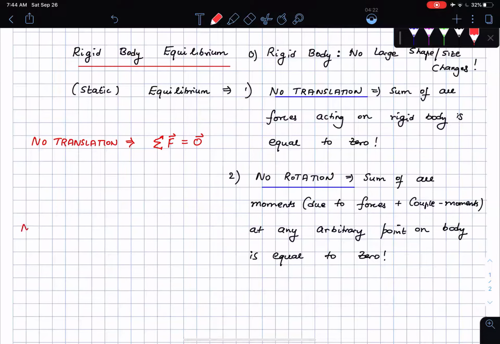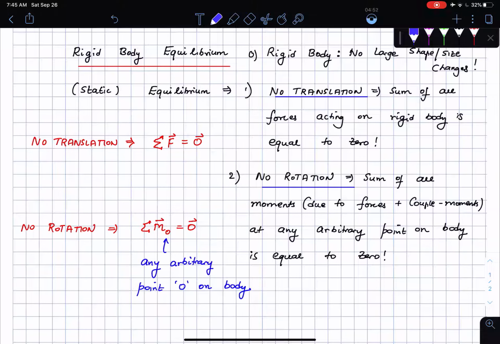And then the no rotation implies that the net moment acting at any arbitrary point O on the body is equal to 0. So this is the mathematical statement of being in equilibrium. Let me underline these two because these are the equations that we're going to be riffing off of.